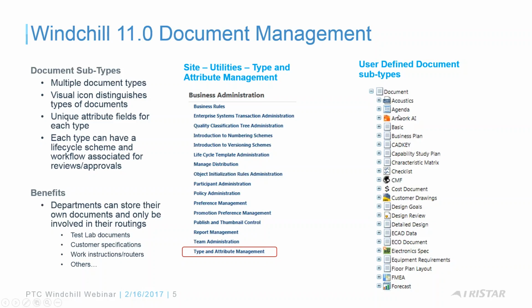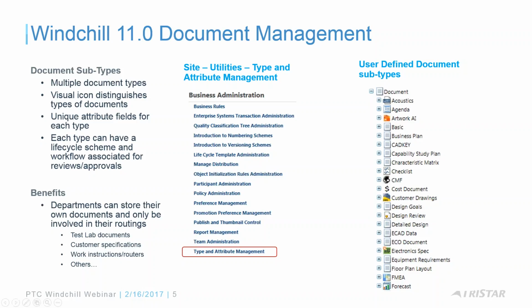There's about half a dozen of them, but I can also add my own. Each of these document types, which Windchill calls subtypes, can have their own attribute fields that people can type in, or their own lifecycle schemes and workflows associated for routing purposes for reviews and approvals.